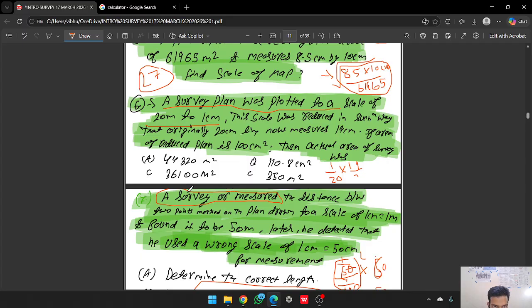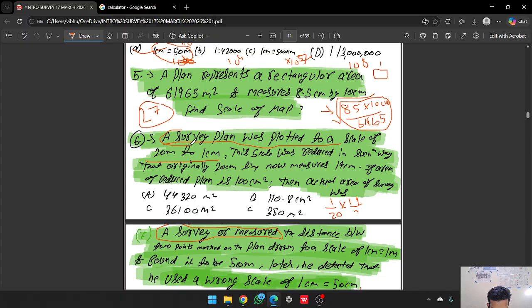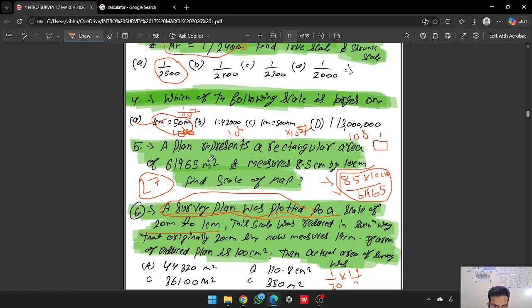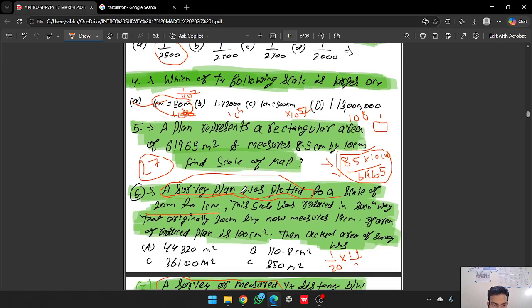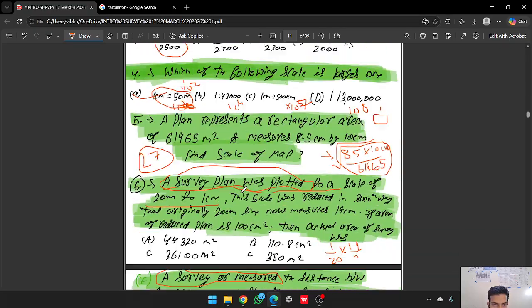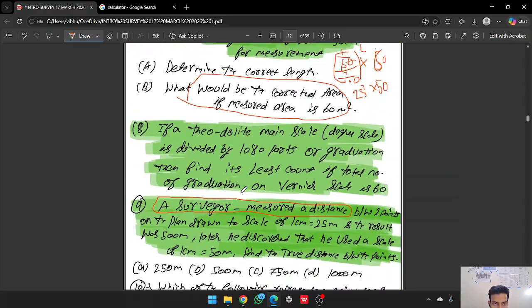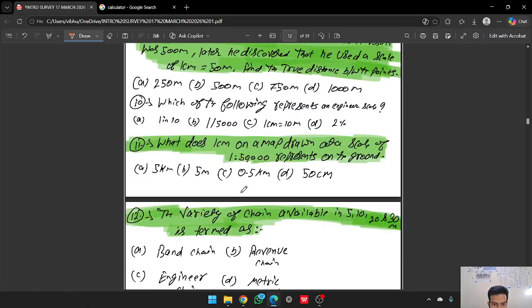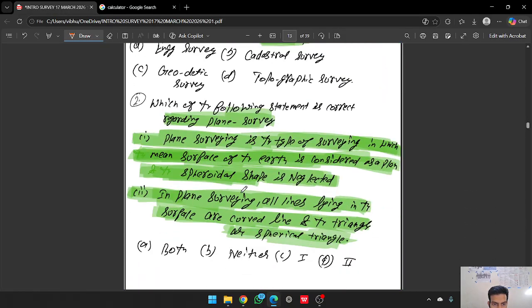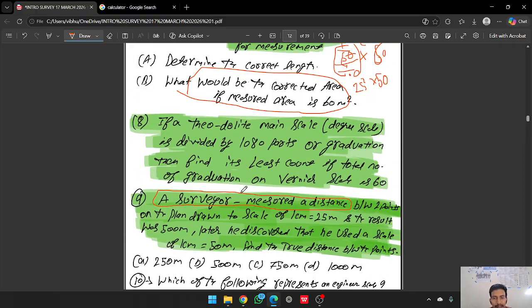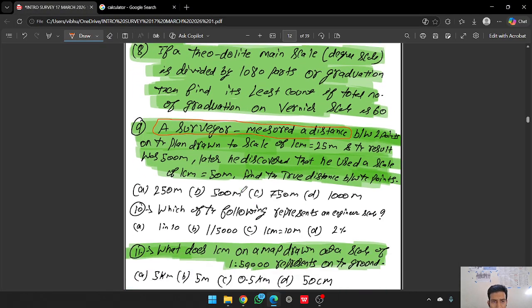Here also a surveyor plan allotted. So here surveyor plan distance between 2 points, allowed scale 1 centimeter 25. The resultant.